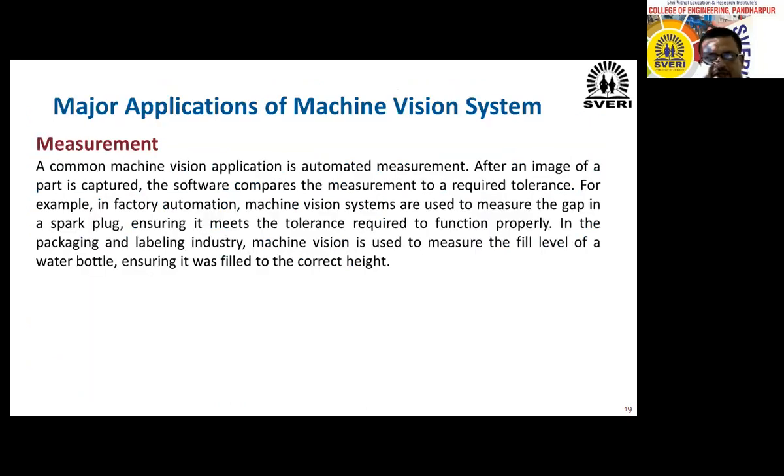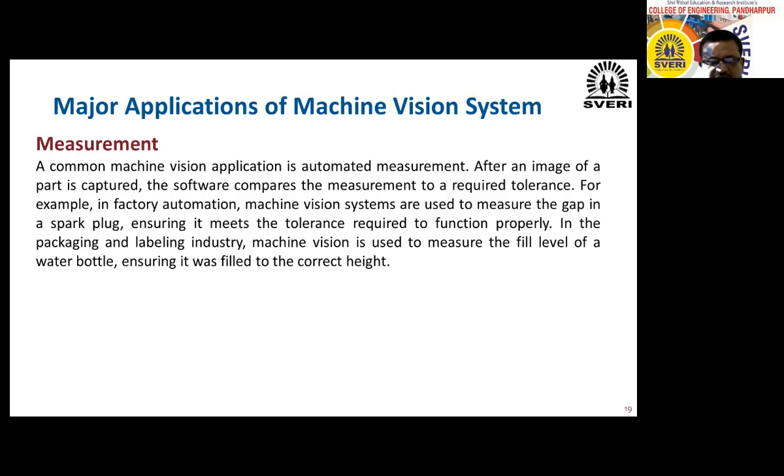Now, the major applications of machine vision systems, which we have already seen. Inspection is measurement. A common machine vision application is automated measurement. After an image of a part is captured, the software compares the measurement to a required tolerance.